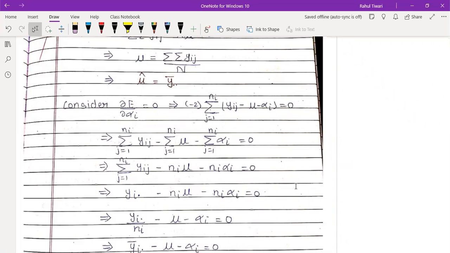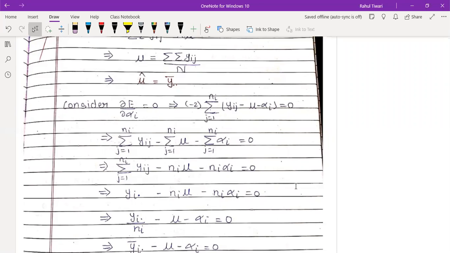See, when we have a joint distribution of x and y, if I tell you to find the marginal distribution of x, what do you do?